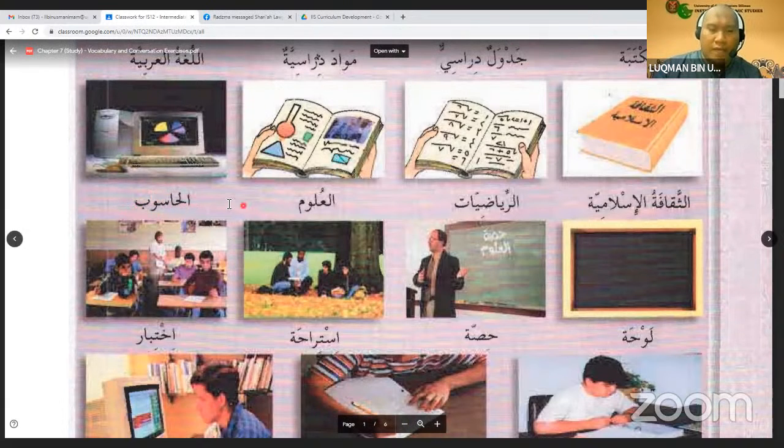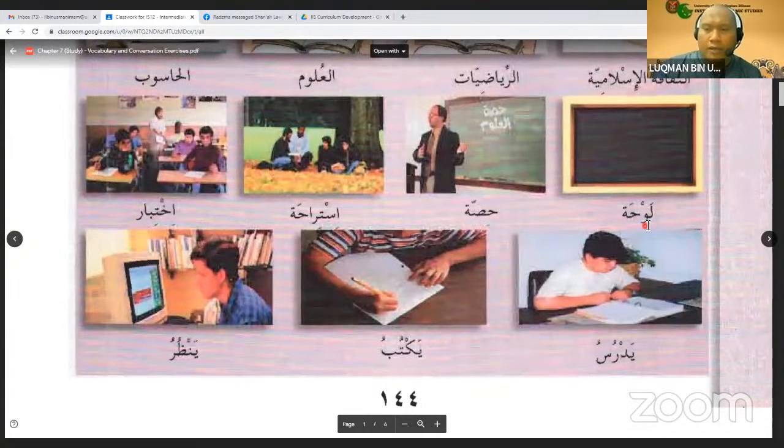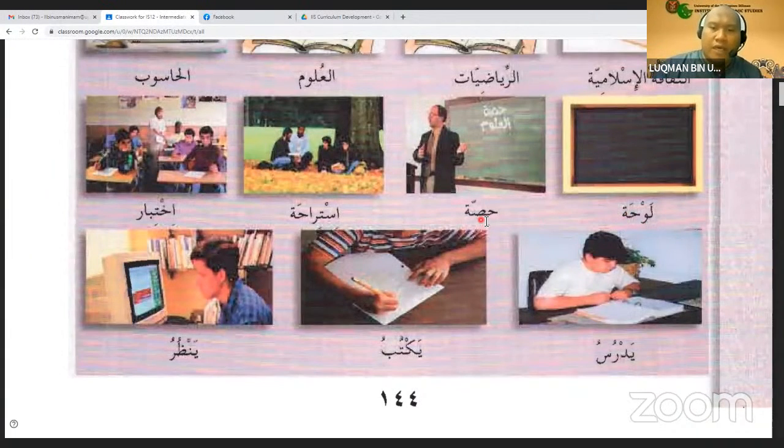Al-Hasub, computer. Lawhatun, lawha, so board or blackboard, bulletin board. Basically, board. Hissatun.